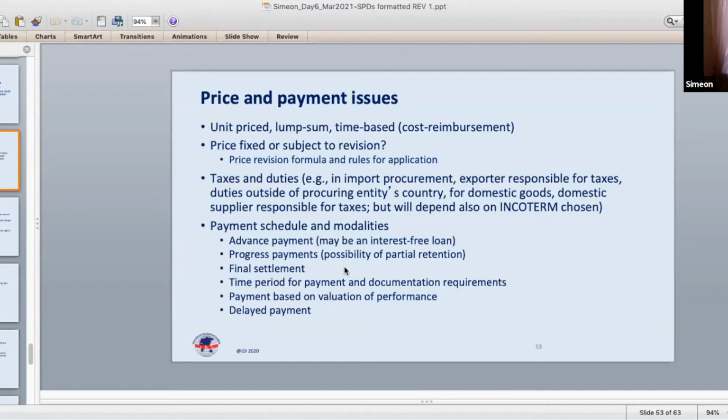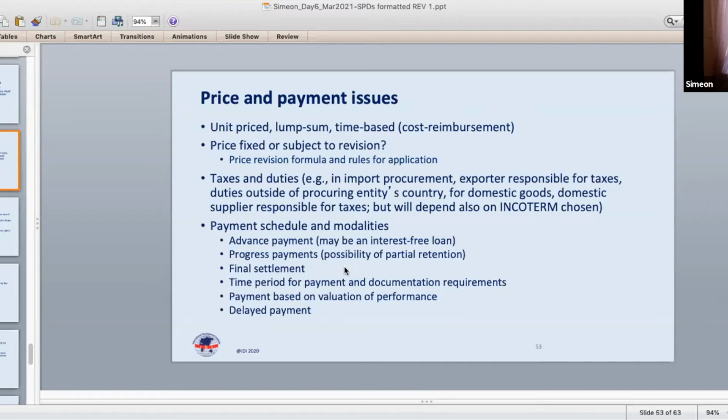We mentioned also yesterday, and I think today, the Incoterms defining certain price and payment issues. The payment issue here is the question of whether it's the seller or the buyer that is liable for payment of taxes and duties. Those taxes and duties may arise at the point of shipment, or in the country of shipment, or in the country of destination.